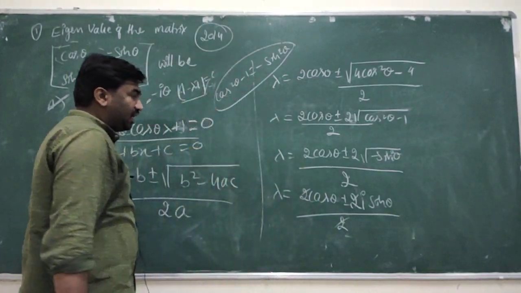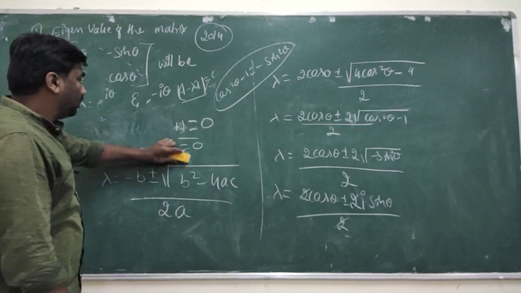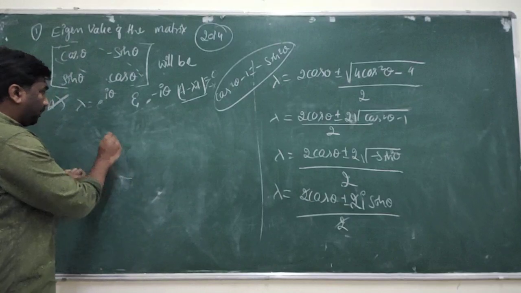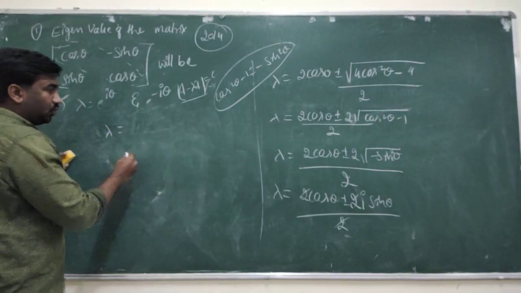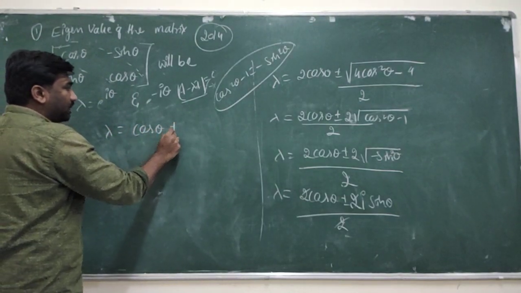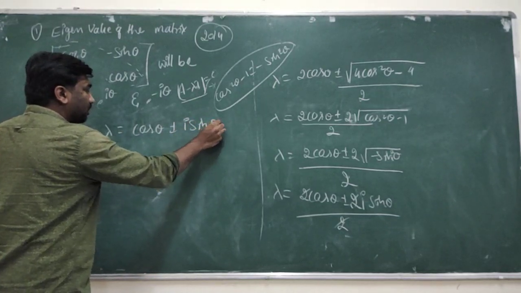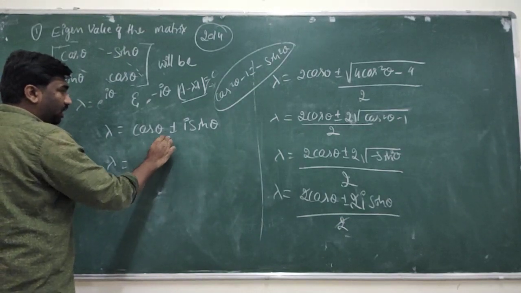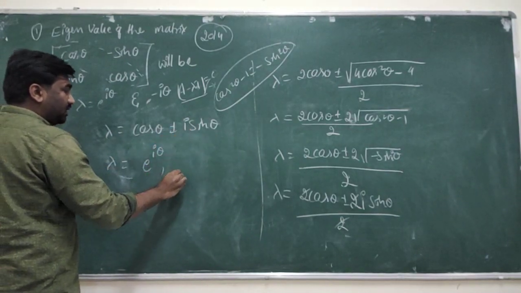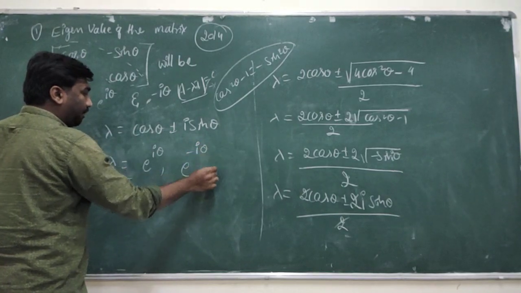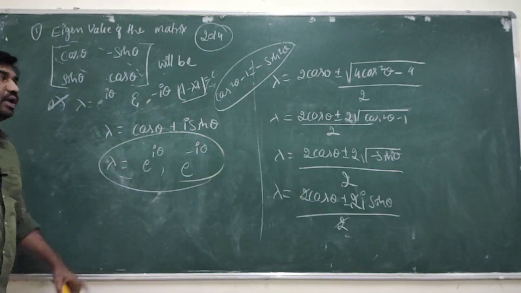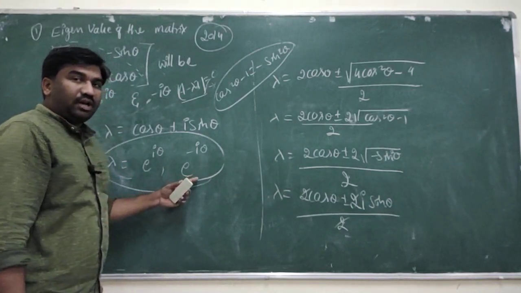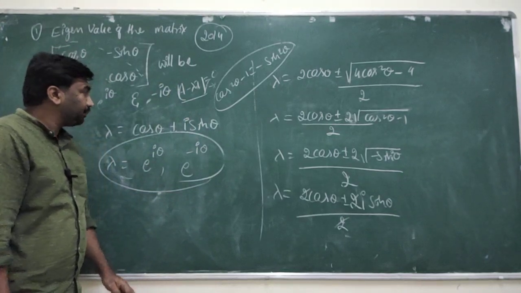Therefore, remaining is lambda is equal to cos theta plus or minus i sin theta. So we can write cos theta plus i sin theta as e power i theta, and cos theta minus i sin theta as e power minus i theta. So these are the two eigenvalues for this matrix.